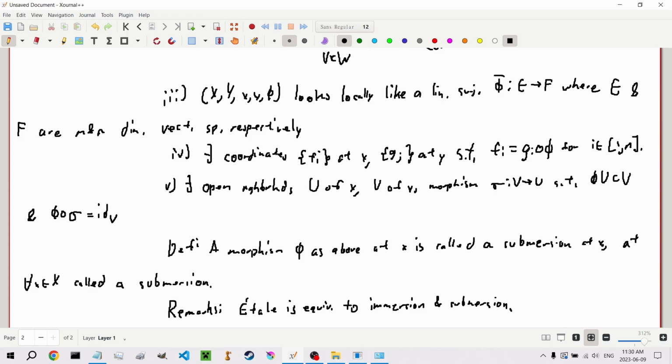But I'm pretty sure submersion is pretty common now. Like I said, I've taken differential geometry before, and we just learned the phrase submersion, no issue. I think it's a pretty common one now.